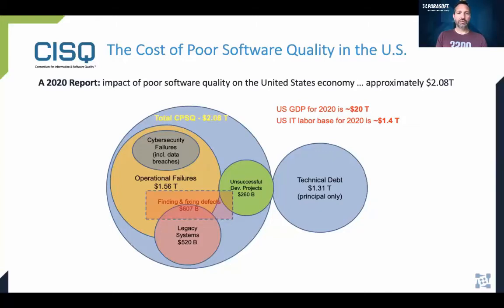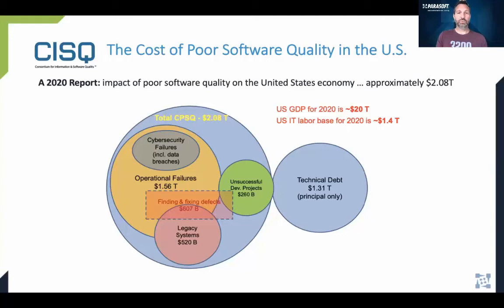This breaks down that 2.08 trillion into operational failures, which includes significantly cybersecurity failures and breaches. Unsuccessful development projects was actually the top growing category from the prior report, I think in 2018. And then legacy systems as well is a big deal.